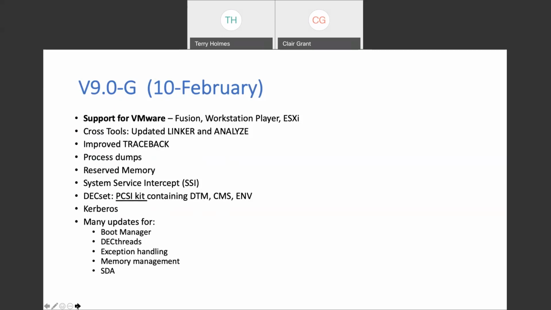We can't exactly outlaw VMS install, but we try to replace it whenever we can. Kerberos from Open Source is now in this kit, and we have numerous updates for the standard things you would expect. The boot manager, DECthreads, exception handling, and I could go on with this list here, but I just put that bottom bullet on there to emphasize that there is continuous progress being made on many fronts.